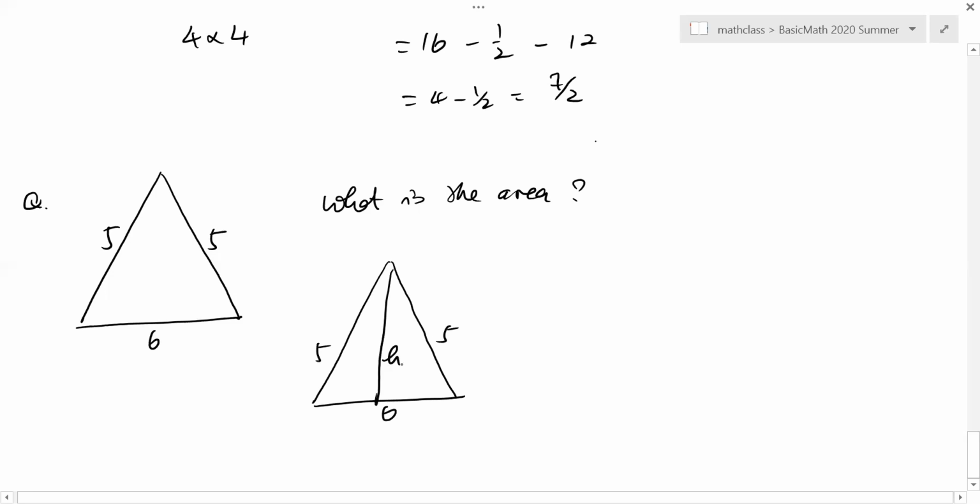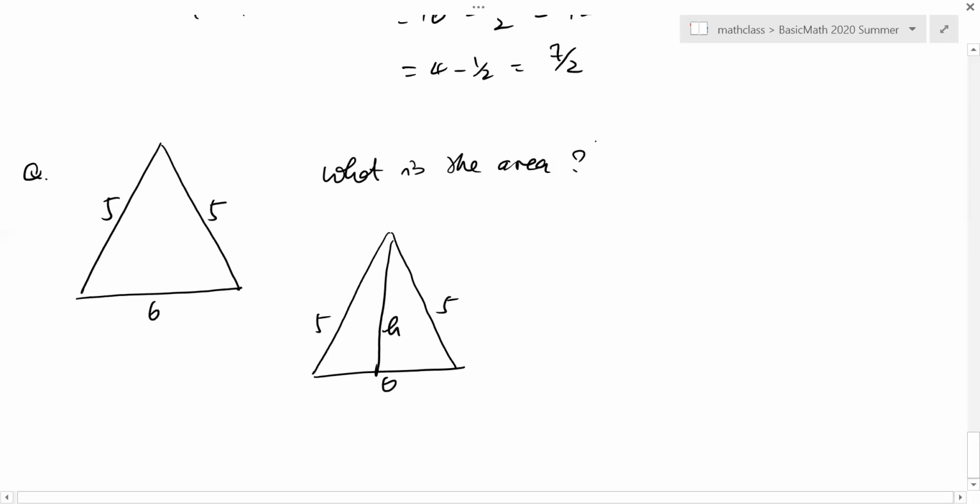This is a height. Then because this is an isosceles triangle, this line divides the isosceles triangle into 2 identical right triangles, right? And once you divide it, you can see that this is going to be 3. So the height by the Pythagorean theorem, right?